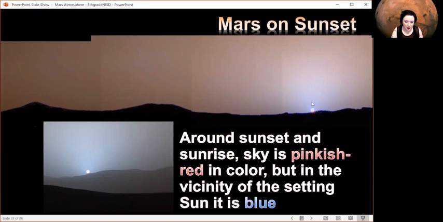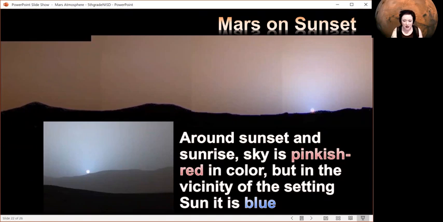And it turns out that all of this can be explained by two different things. One is that Mars's atmosphere is very thin. It's like being at really high altitude on Earth, above the mountains. And so the air is so thin that you don't get much of that scattering that makes the sky blue.